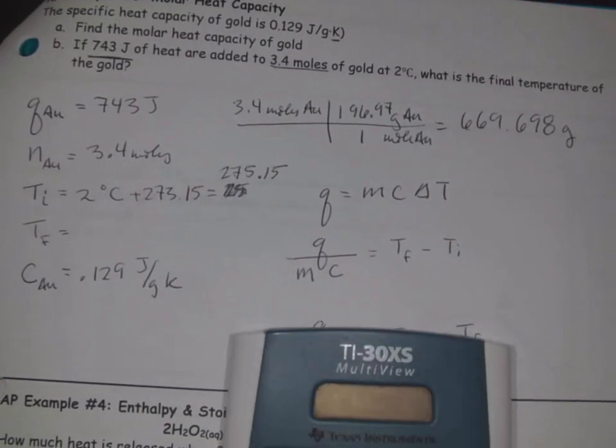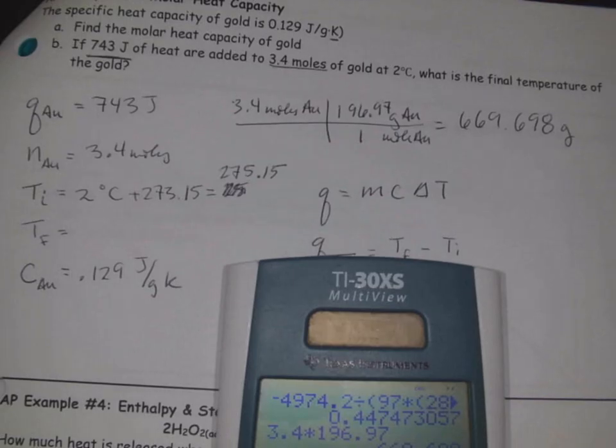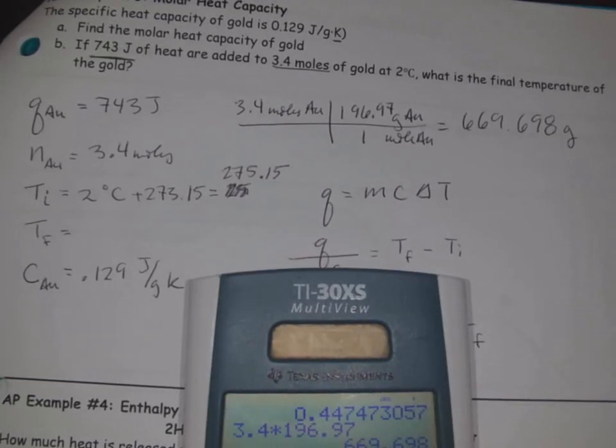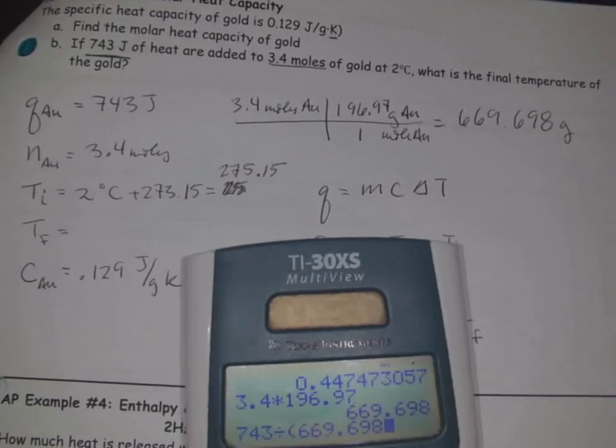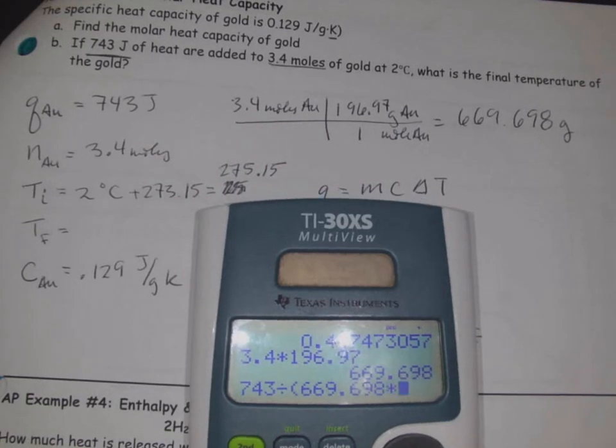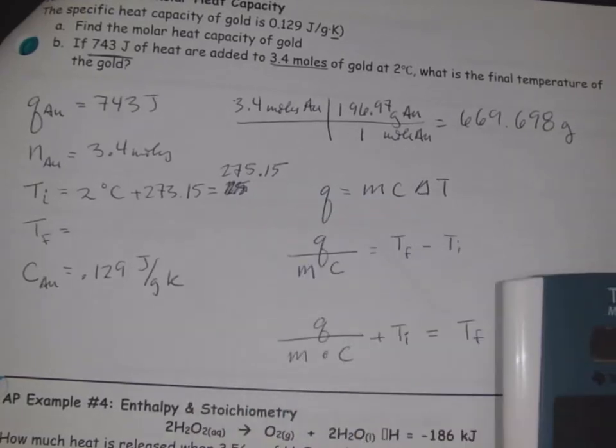All right, plugging this into my calculator. So 743 divided by mass, which is that number, times the specific heat capacity, 0.129.